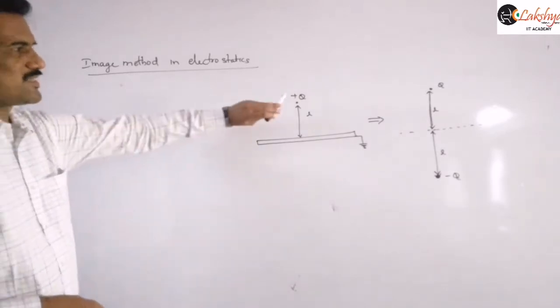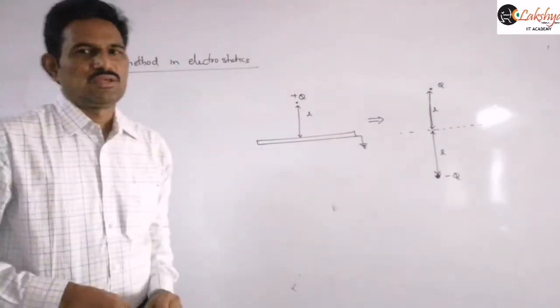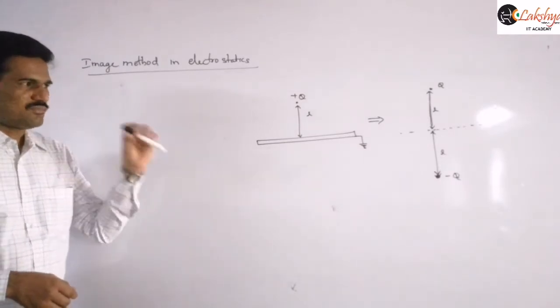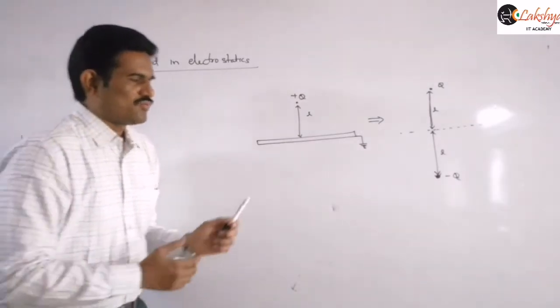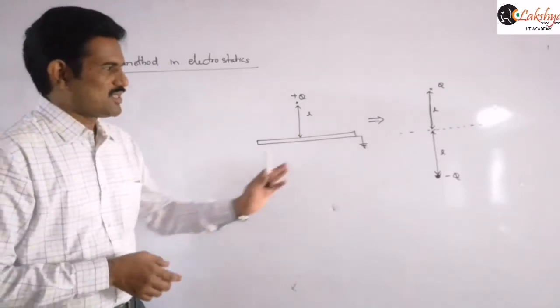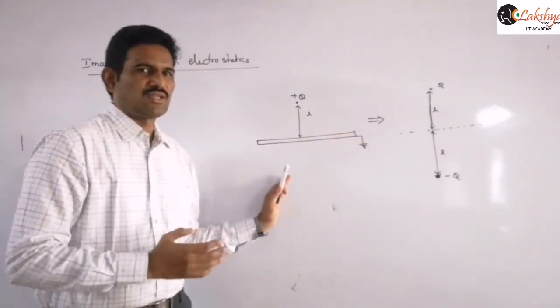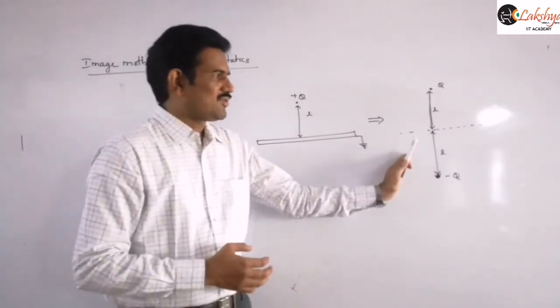That means we are displacing this charge from here to infinity, right? So we need to calculate how much work done is required. So first let us see the force. So now this is the image conversion. We discussed already, this is a given configuration, so we are converting that into its image.